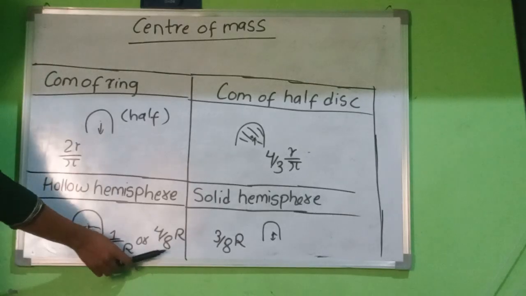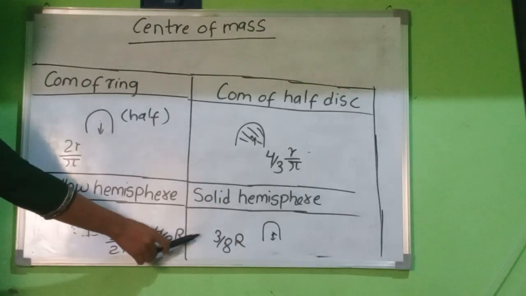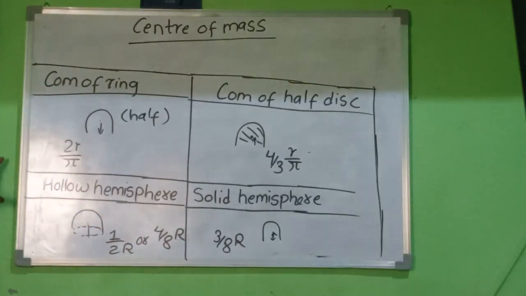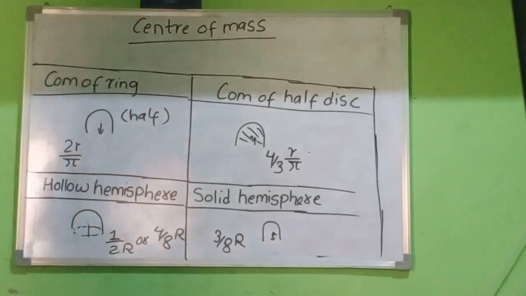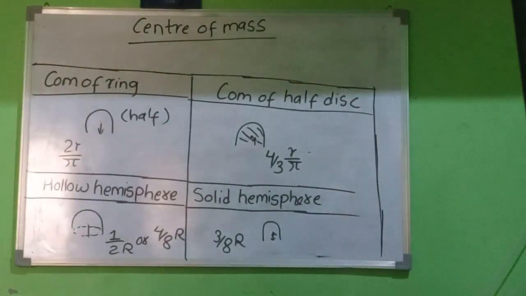So 4 by 8 r for the hollow hemisphere and 3 by 8 r for the solid hemisphere. Center of mass of half ring is 2r upon pi, half disc is 4 by 3 r upon pi, hollow hemisphere is 1 by 2 r or 4 by 8 r, and solid hemisphere is 3 by 8 r.